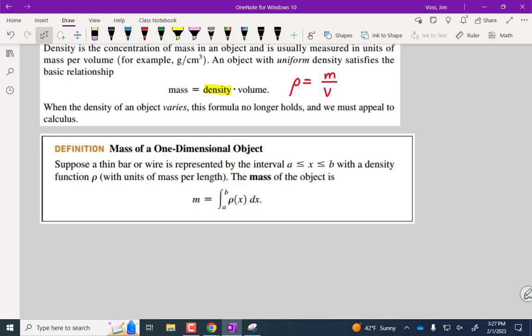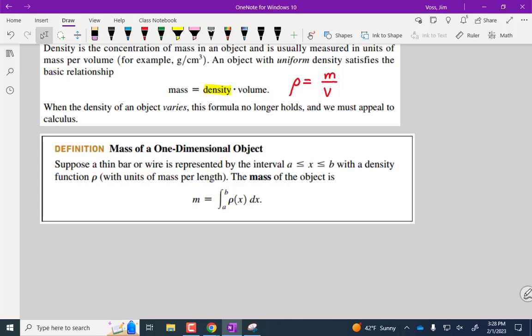We're not doing that in here. So those two cases are left for Calc 3. The simplest case is if we have a wire or a rod and we have one-dimensional density, then all we do is integrate density to get mass. And so the concept here is very simple for us because we're just dealing with one-dimensional examples.